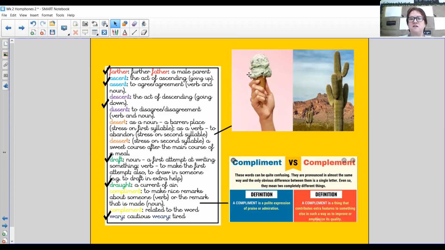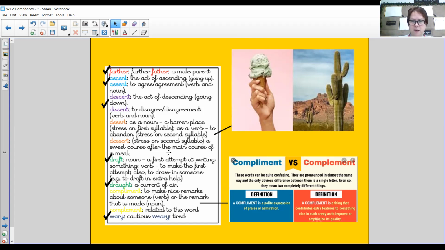So I've got my dessert here of my ice cream, and I've got my desert with the cactus here. So desert only has one S. Dessert, hopefully you can hear that stress on the second syllable is the dessert bit.